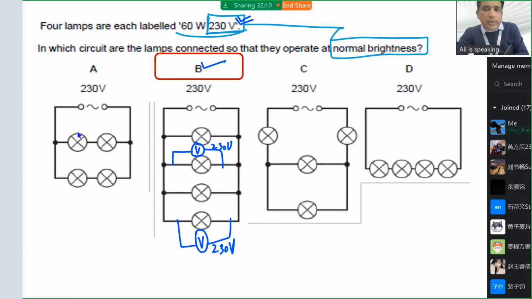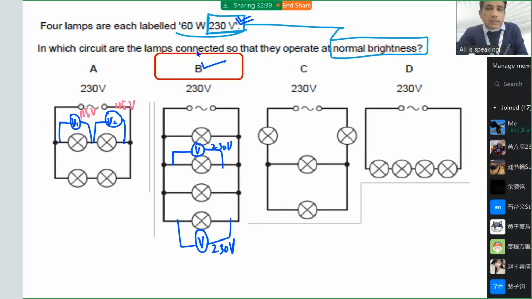This is not right because in this case, if I connect a voltmeter here, let's say this voltmeter is V1 and this voltmeter is V2, connected across the second light bulb, you can understand that the potential difference will be divided into two parts. So the potential difference across this one will be 115 volts and across this one also 115 volts.